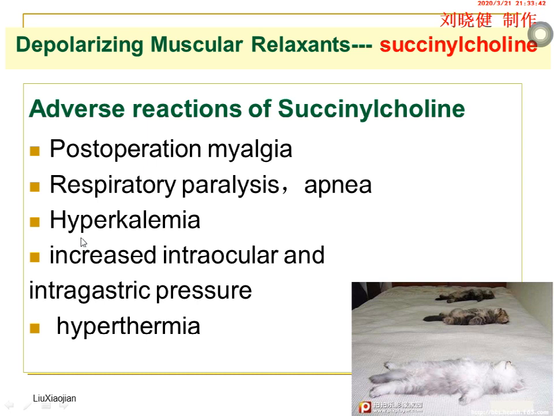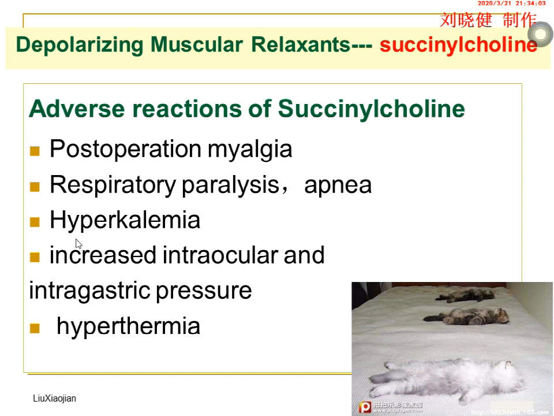Hyperkalemia, especially in patients with burns, malignant tumor, renal insufficiency, or cerebral vascular accident. These patients have a relatively higher risk of hyperkalemia.